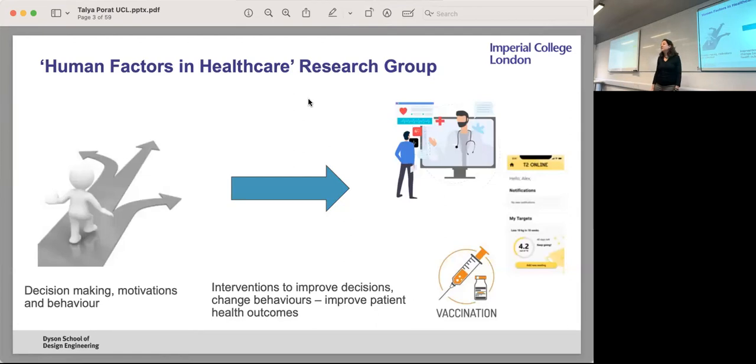We also do interventions for patients to help them self-manage their conditions. We work with stroke patients, diabetic patients, and recently also dementia patients. During COVID, we did some public health interventions: how can we look at behaviors and motivations of people during the pandemic, and how can we encourage sustainable behavior change?